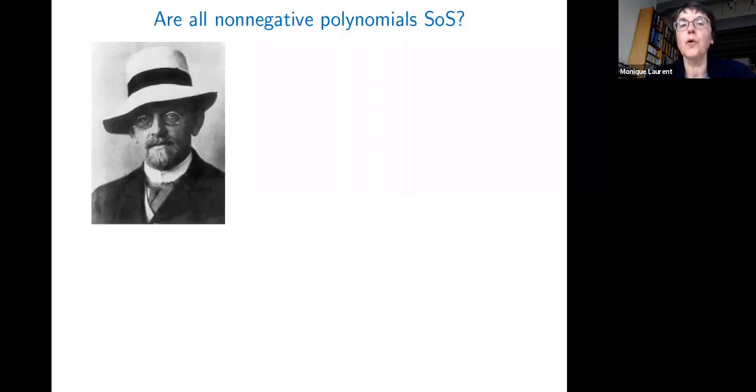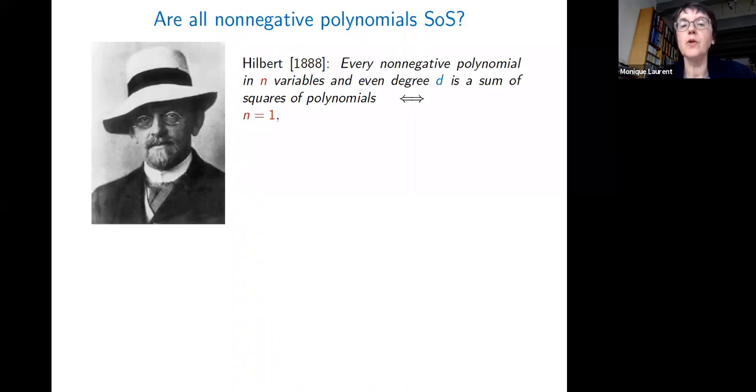Not all non-negative polynomials are sums of squares, and this was already known to Hilbert, who characterized in 1888 the pairs n, d, where n is the number of variables and d is the degree, for which every non-negative polynomial in n variables and even degree d is a sum of squares of polynomials.